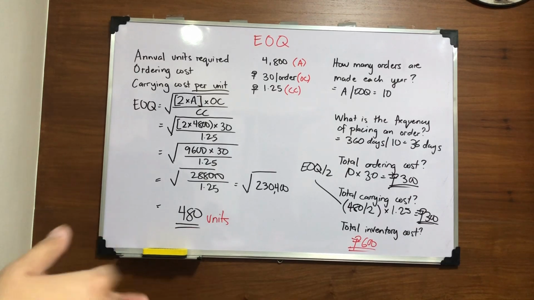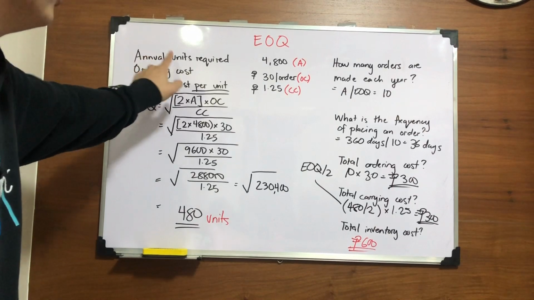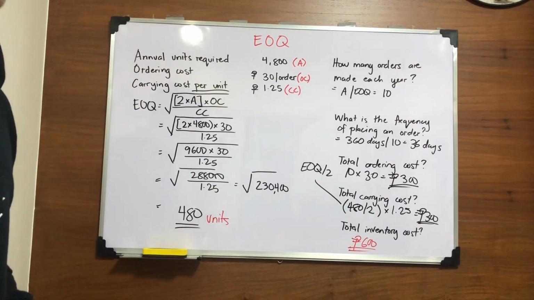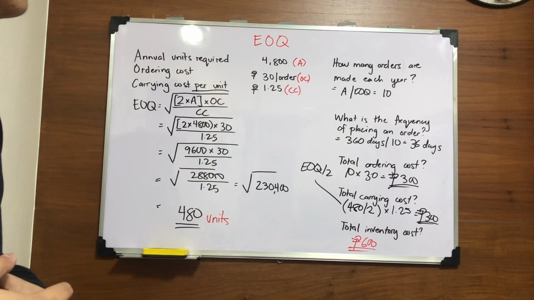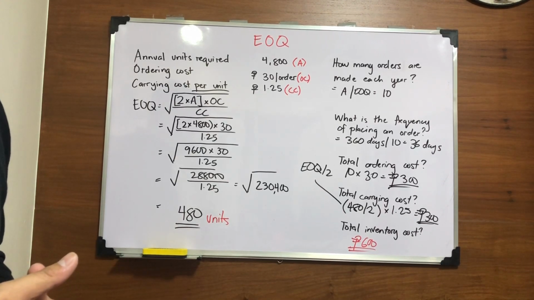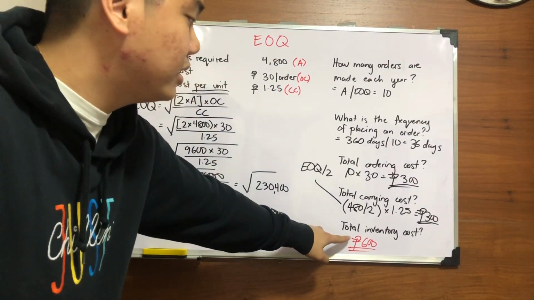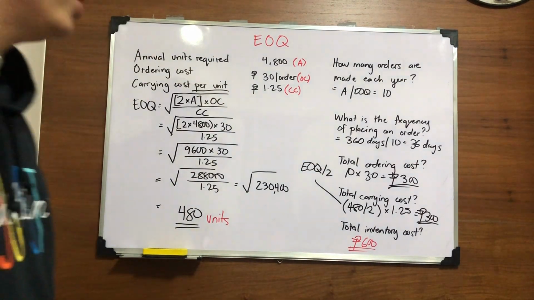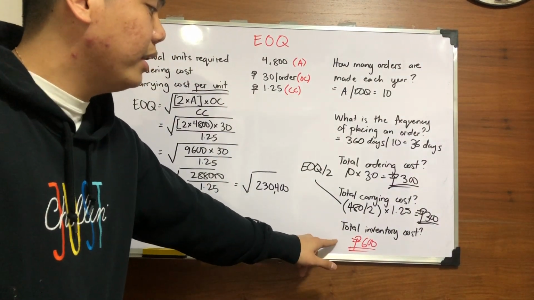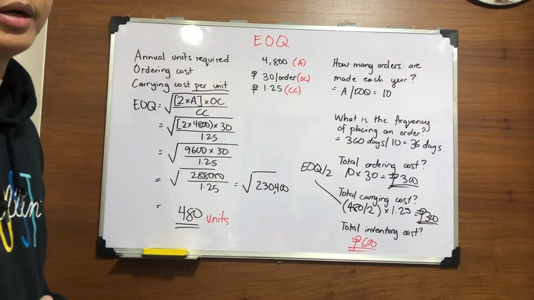So, the significance of this is that you were able to determine that for your annual units required, for 4,800 units of inventory that you need, to purchase this you are just going to spend 600 pesos, and you will only have to spend 600 pesos if your EOQ is 480 units per order.